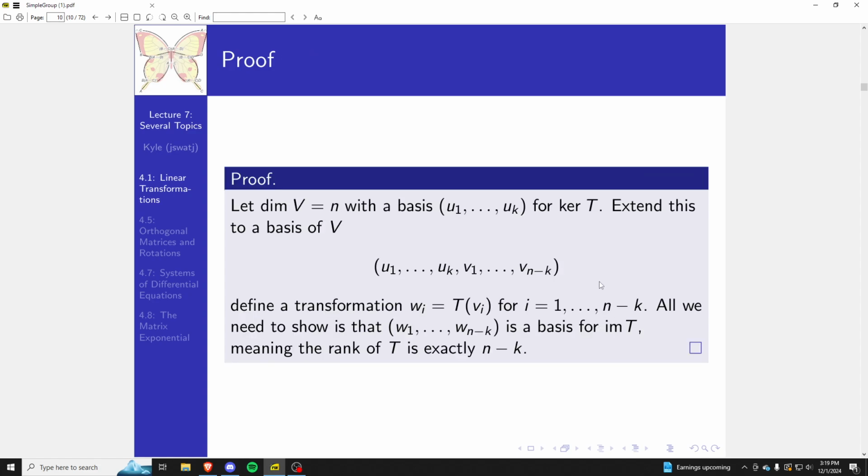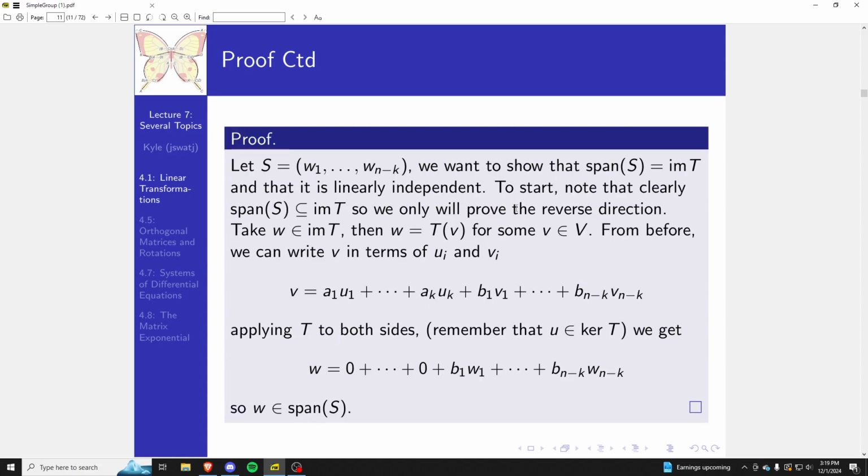We said that this was a basis for the kernel. And we know that anything that's in the kernel will get sent to 0 when we apply T to it. So we end up with w is equal to 0 plus all of these. And that is exactly what it means to be in the spanning set of S, because remember we defined it up here.